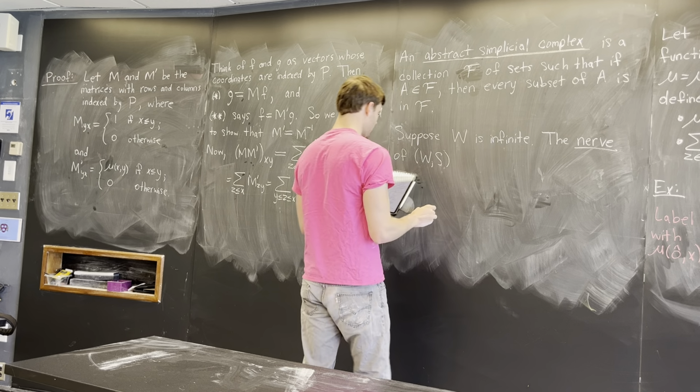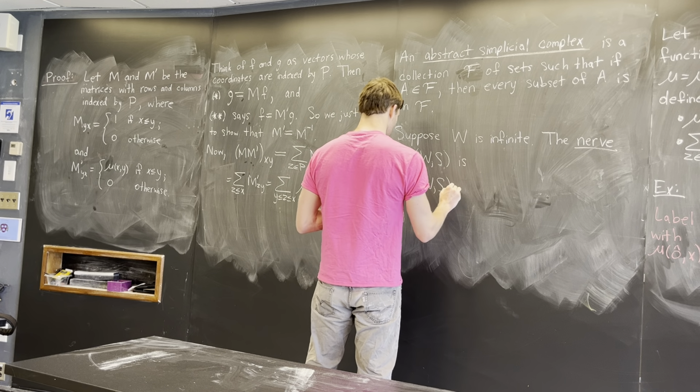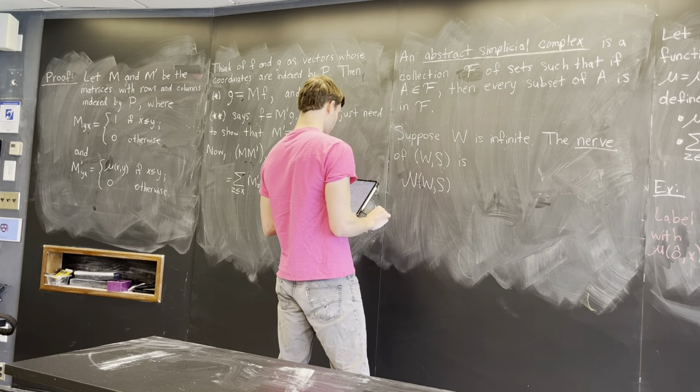I'll call it script N of (W,S). This is the collection of all subsets J of the set of simple reflections, such that the parabolic subgroup generated by J is finite.